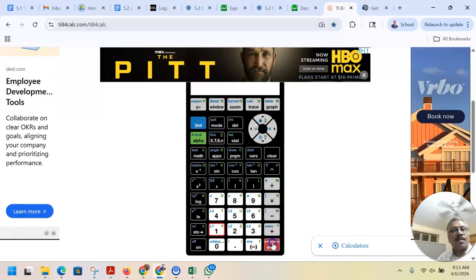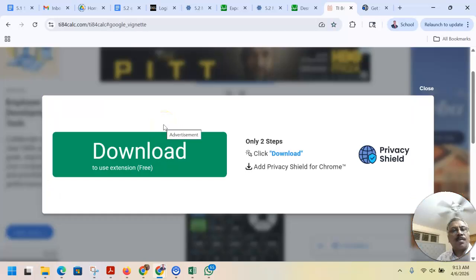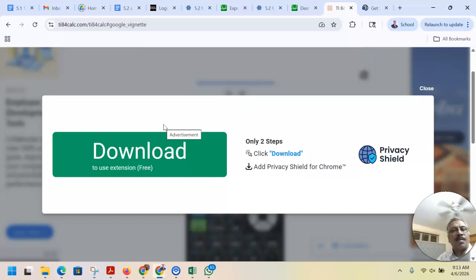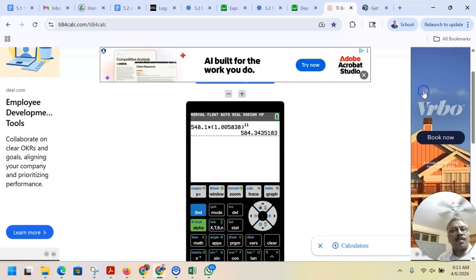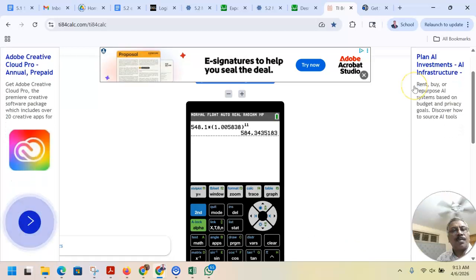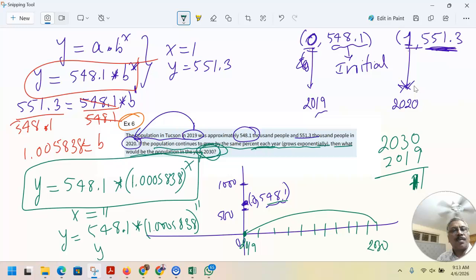See, and enter, and you get the answer 584.34351 in thousands. So that's the population. That's all you're supposed to do.